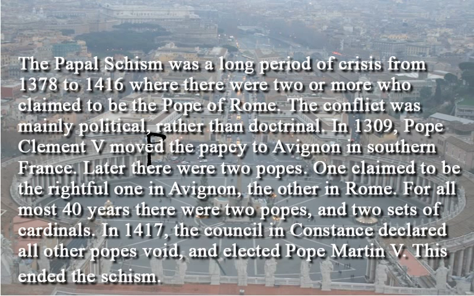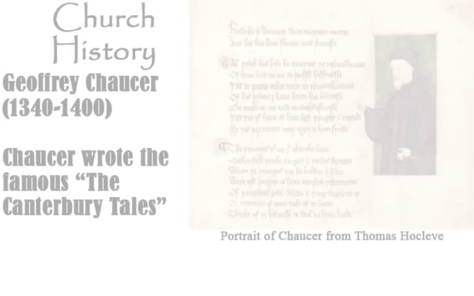Later there were two popes. One claimed to be the rightful one at Avignon, and the other in Rome. For almost 40 years there were two popes and two sets of cardinals. In 1417, the Council of Constance declared all other popes void and elected Pope Martin V. This ended the schism.